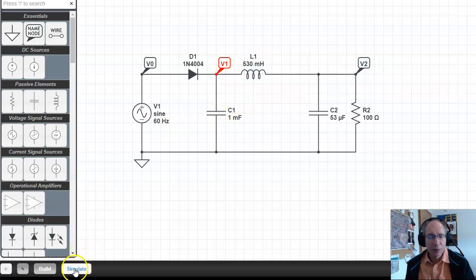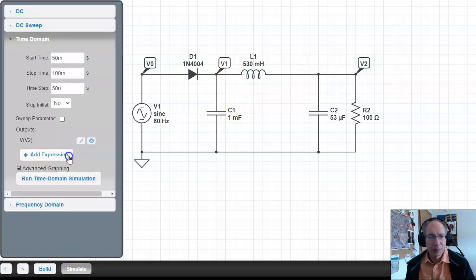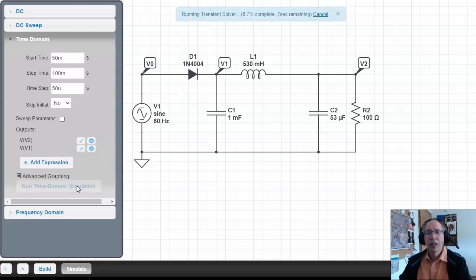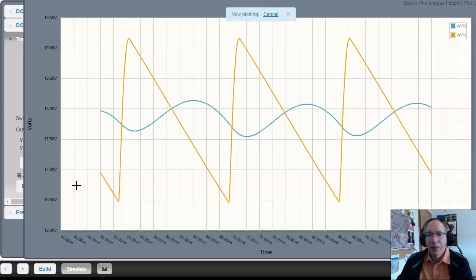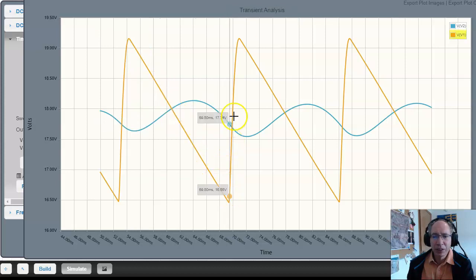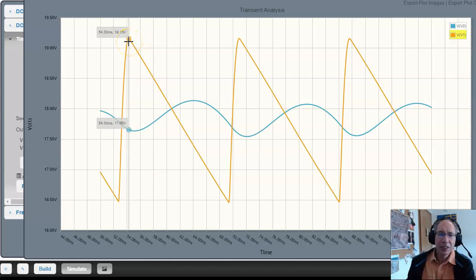If I look at the voltage at V1 and V2, V1 is time varying. It's going to charge up to about 19.3 volts, then discharge, charge up to 19.3, then discharge. As V1 changes, the current changes.